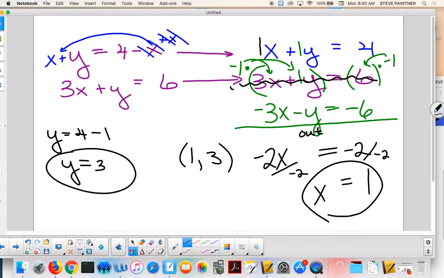Hang on, I think you want to multiply by negative, because what would negative 2 make? Negative 4. That's positive 4. There, you got opposites. I think I would multiply by negative 2.